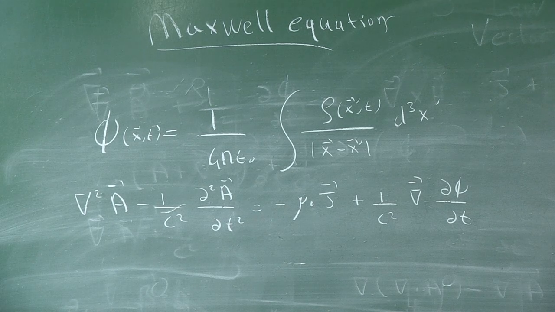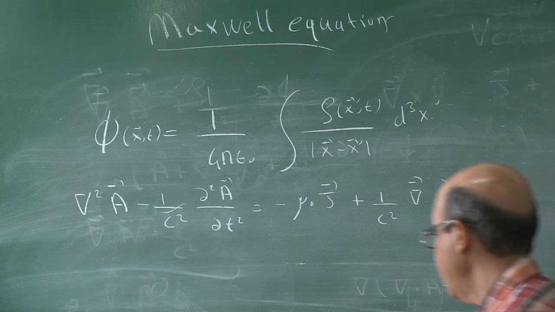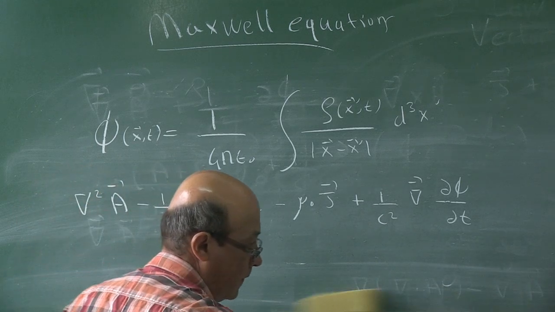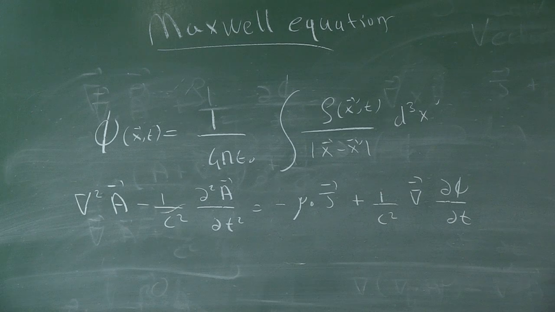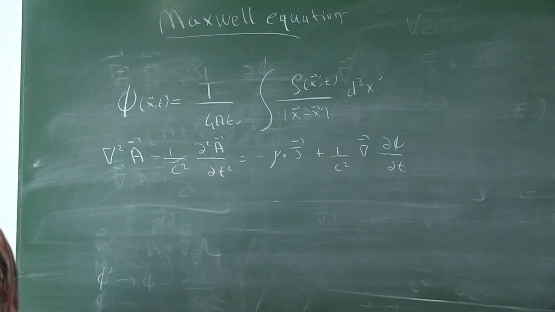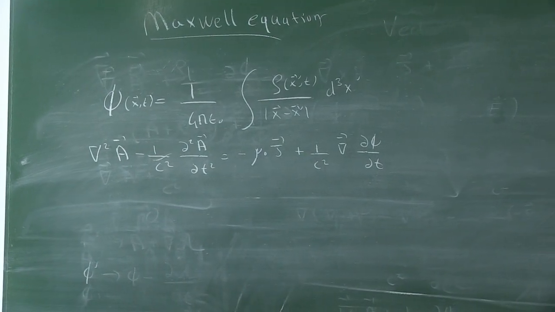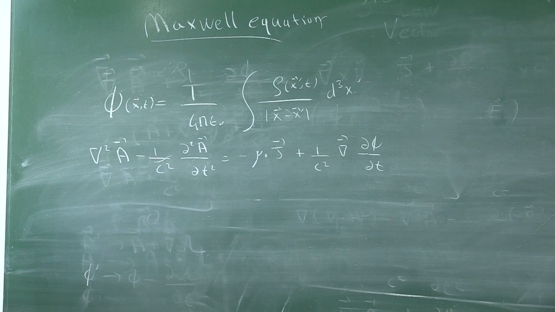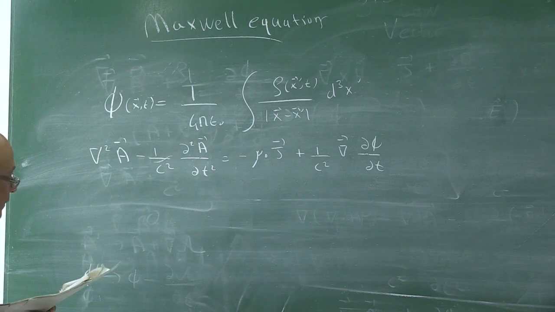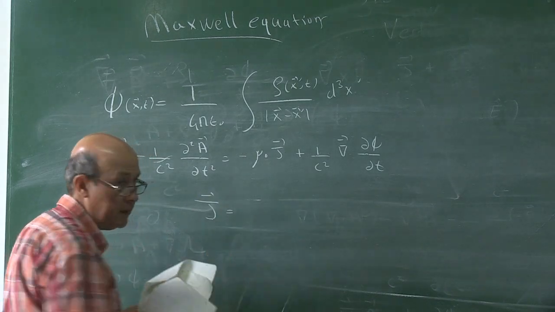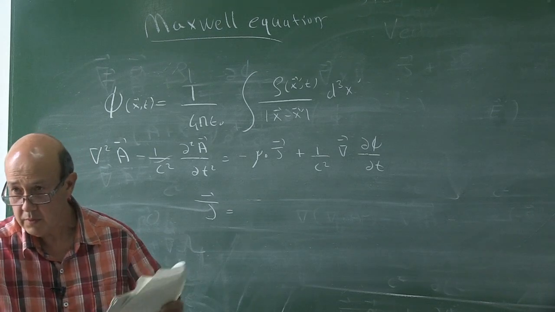Now, what am I going to do in the Coulomb gauge? The usual trick is the following. The current density could be written in two forms.